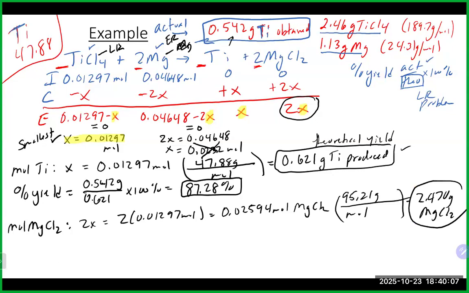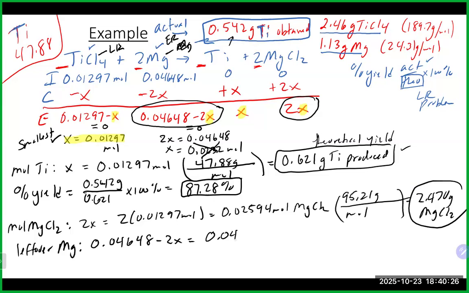And lastly, we could also, like we did previously, if we want to know how much of that excess reagent was left over, we could do our leftover, in this case, of magnesium. And we could see at the end there is 0.04648 minus 2 times X, our moles, or our X value, 0.01297 moles.